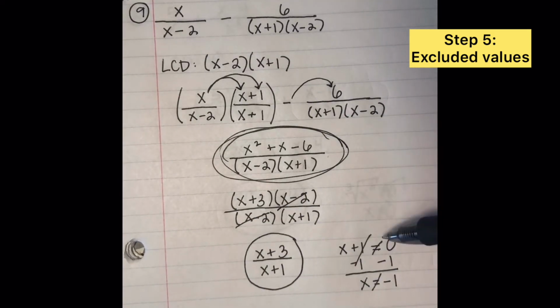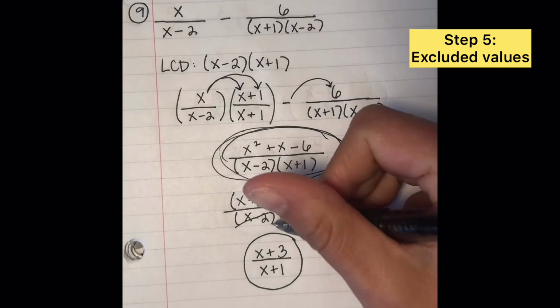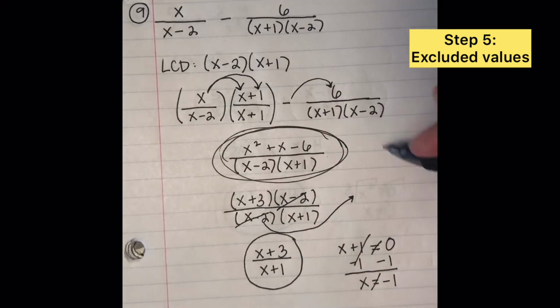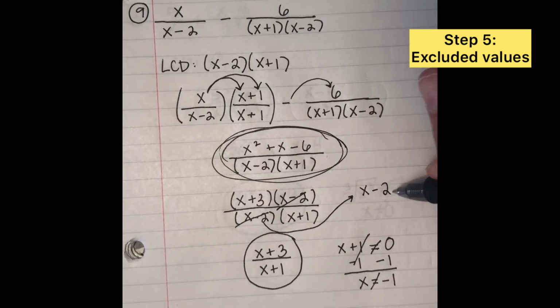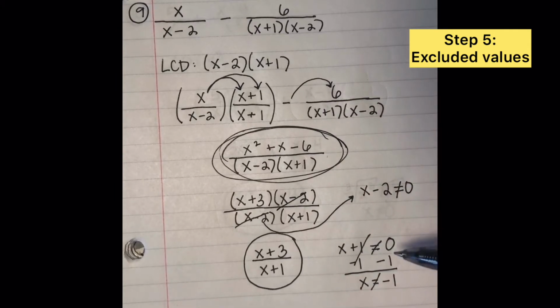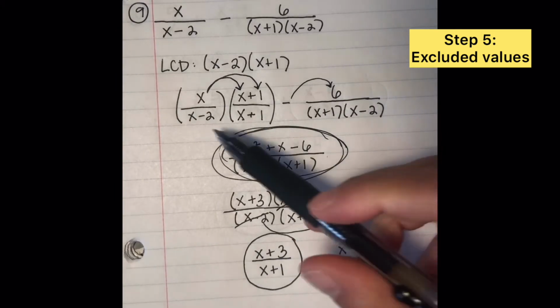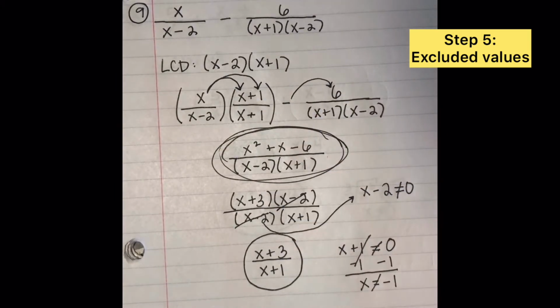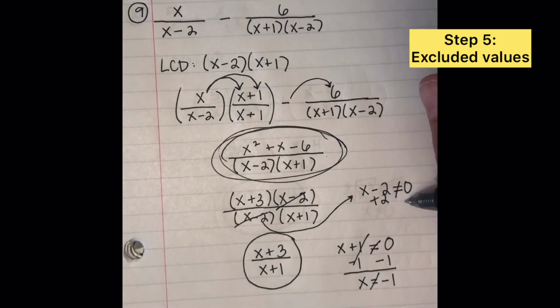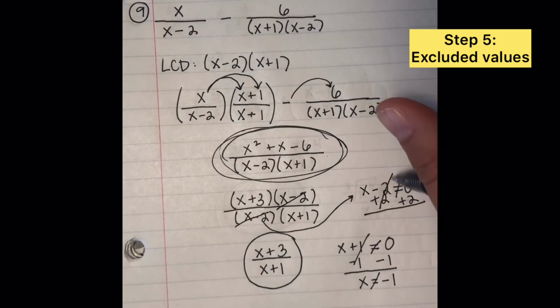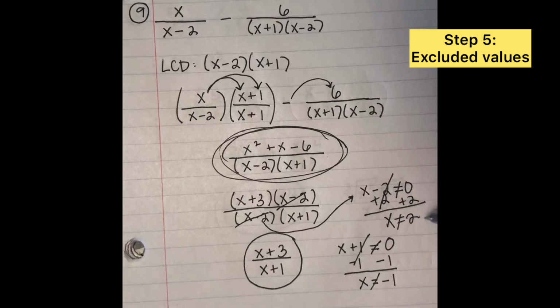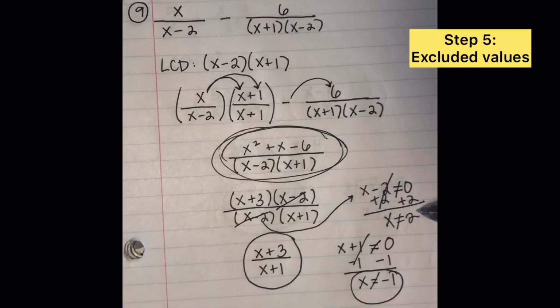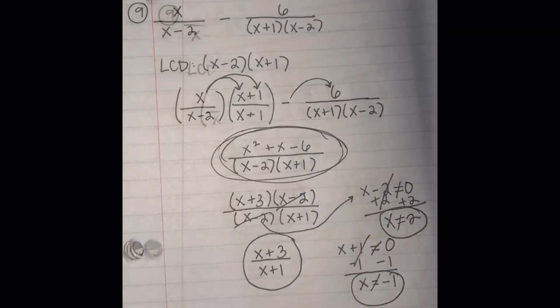So in addition to x plus 1 can't be 0, we're also needing to consider x minus 2 can't be 0. Even though it's not in this final answer, it's going to affect the problem up here, so we need to exclude it. So if I add 2, x also cannot equal 2. So we have x can't equal negative 1, x can't equal 2.